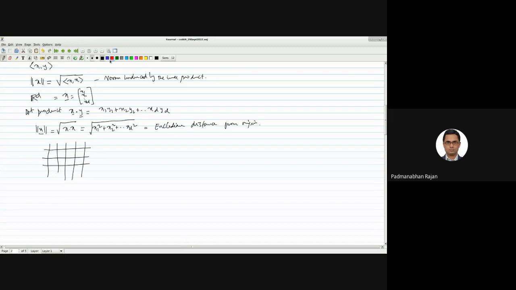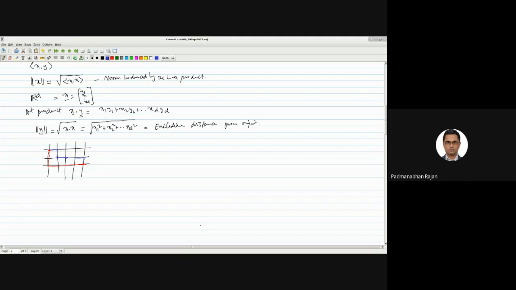If you want to measure the Manhattan distance from this point to a point here, you can either come like this and like this, or you can go from here to here, and from here to here, and then go straight and reach here. Both of them will give you the same Manhattan distance. The blue as well as the red will give you the same Manhattan distance. So that is another type of distance.